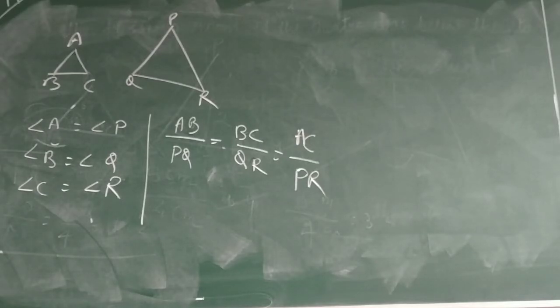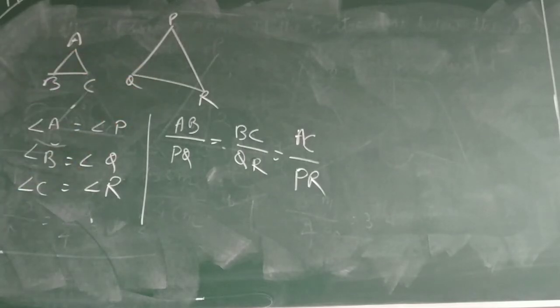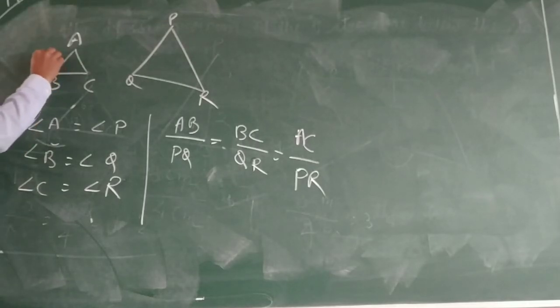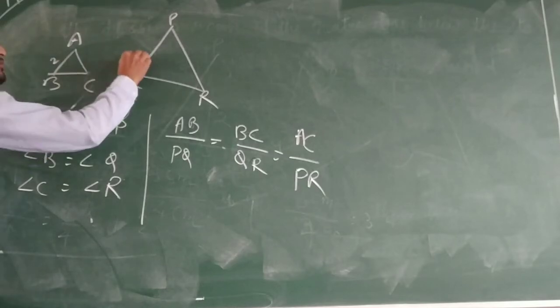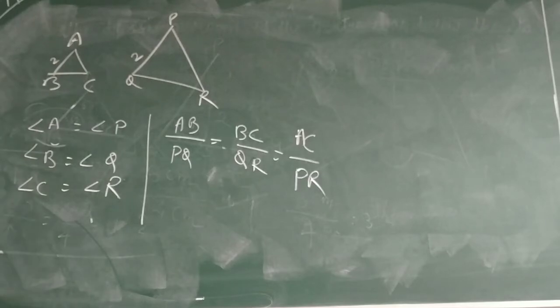If the ratio of their corresponding parts is equal to 1, then we can say that ABC and PQR are similar. Both triangles are the same. How? If AB is suppose 2 cm, PQ is 2 cm, so that means ABC and PQR are the same triangles. Got it? Yes? Understood?